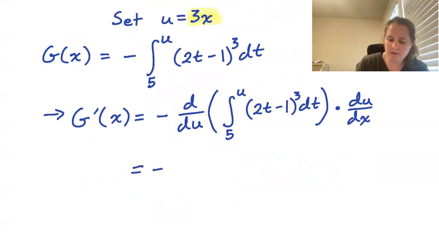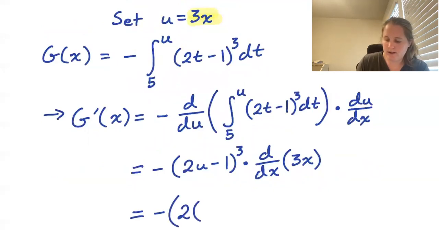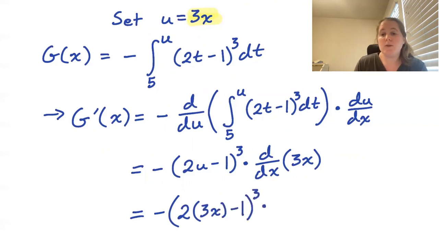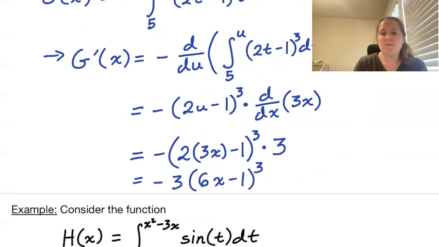So we have negative 2u minus 1 cubed times the derivative of 3x. So we have negative, in parentheses, 2 times 3x minus 1, the whole thing cubed, times the derivative of 3x with respect to x, which is just 3. And simplifying this out, we wind up with negative 3 times 6x minus 1 cubed.